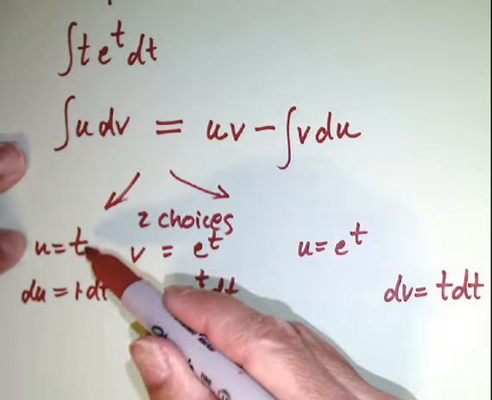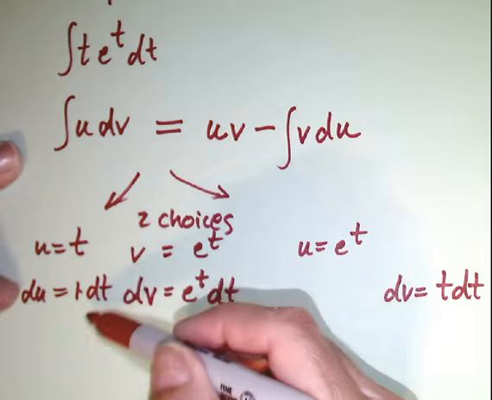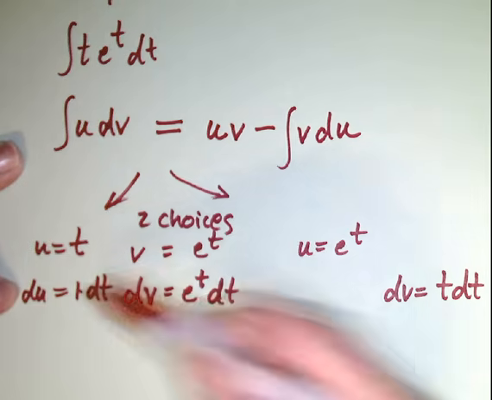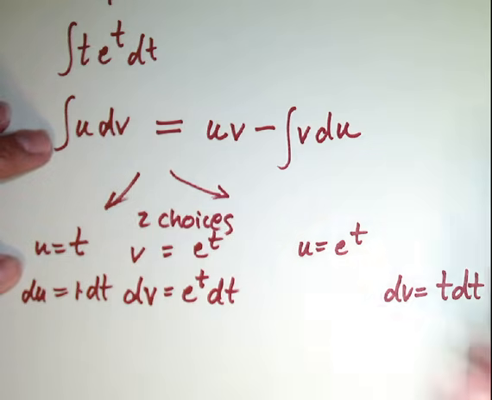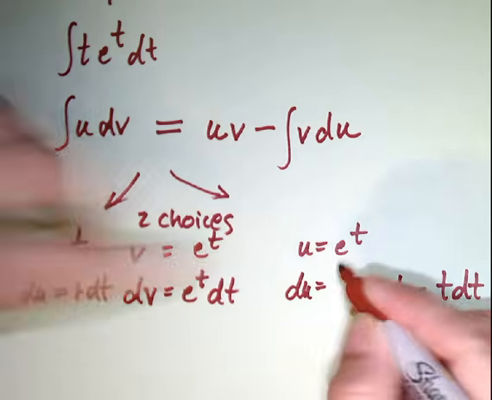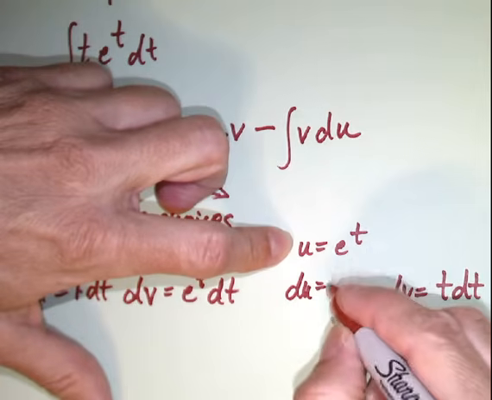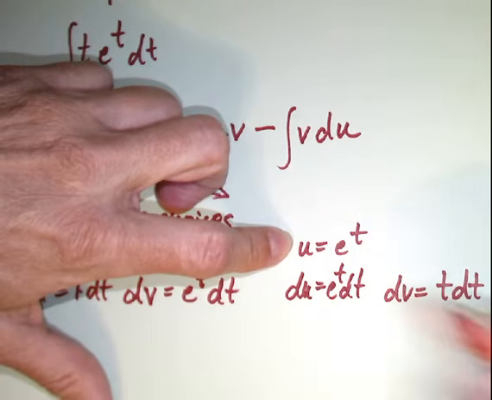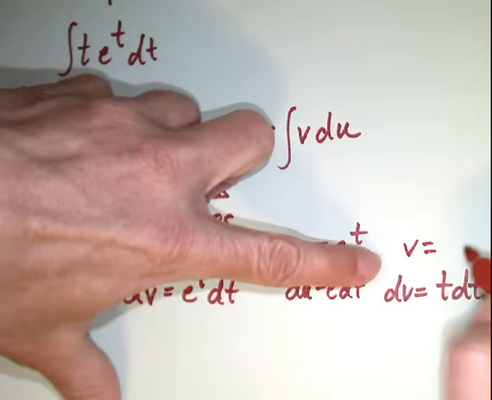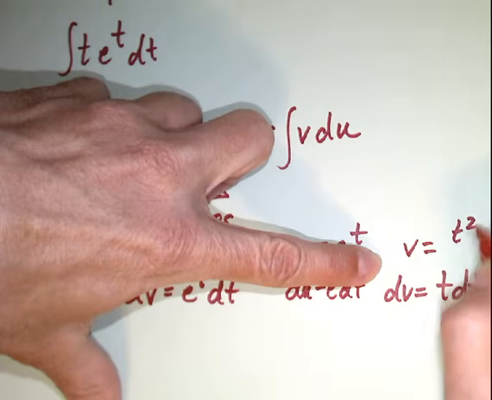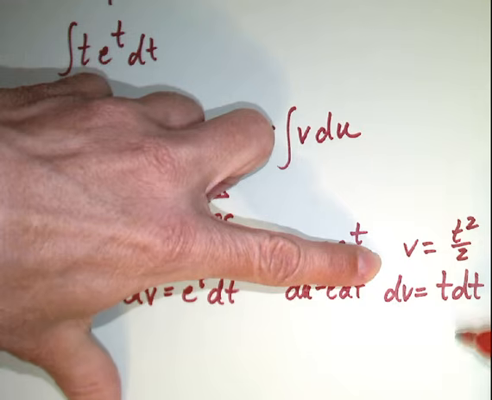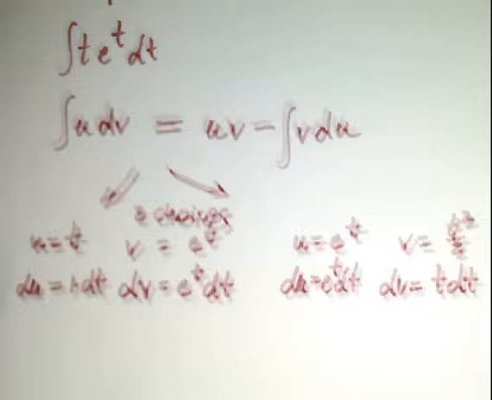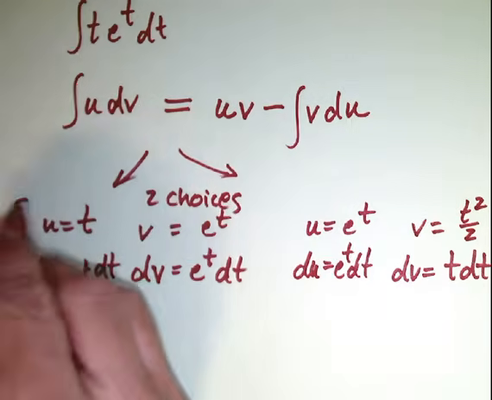But when I differentiate t and get 1 dt, I make this one better. So that's one way that we guide ourselves. If u is equal to e to the t, then du is e to the t dt. And v here, if I go backwards this time, I get t squared over 2. And that actually is worse, to go from t to t squared over 2. So I'm going to choose the first one to start with.